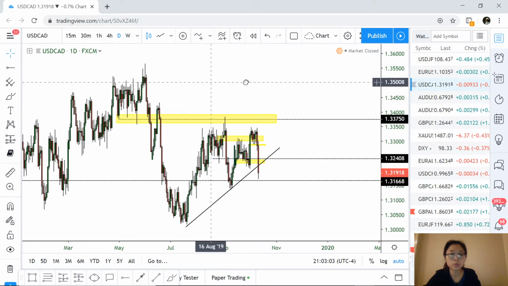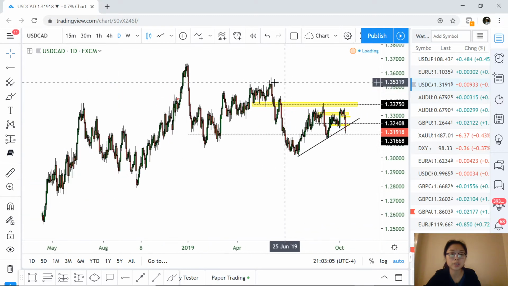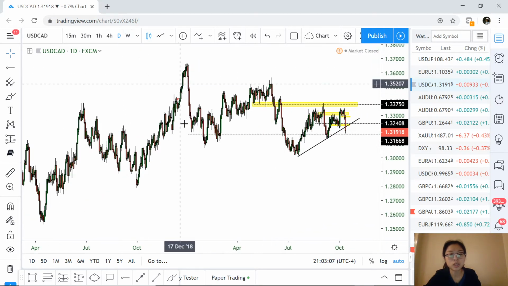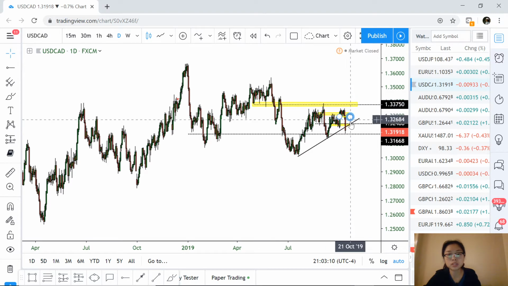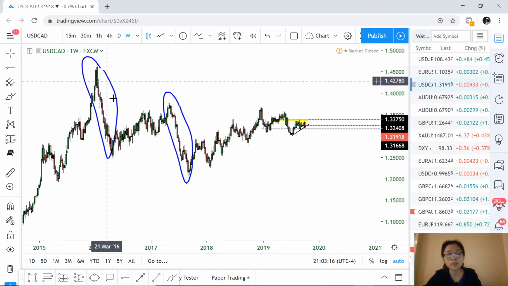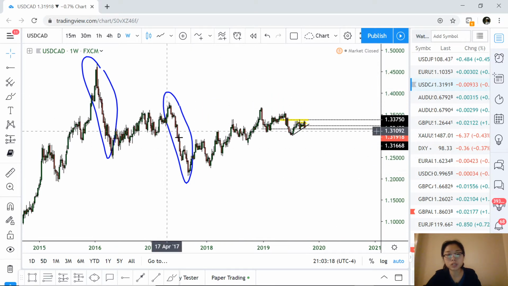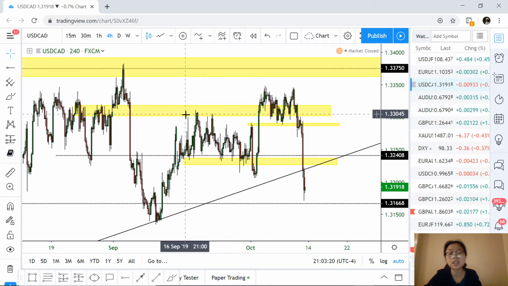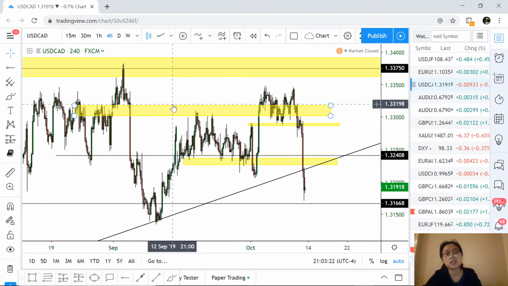So in this case, we're looking for a short opportunity because the market is giving us 1, 2, and this could probably be our third swipe down for further continuation, as explained in the past like 5 videos.